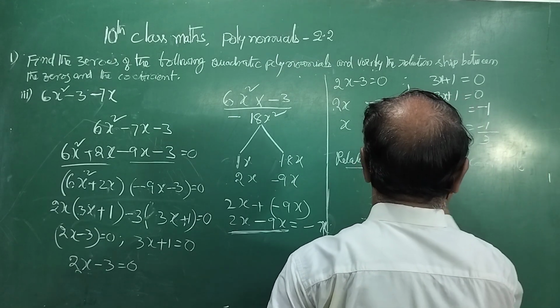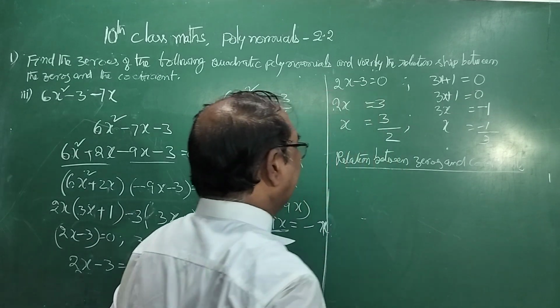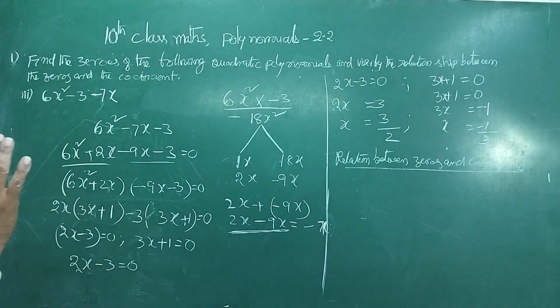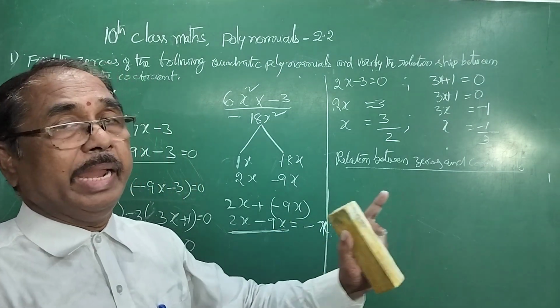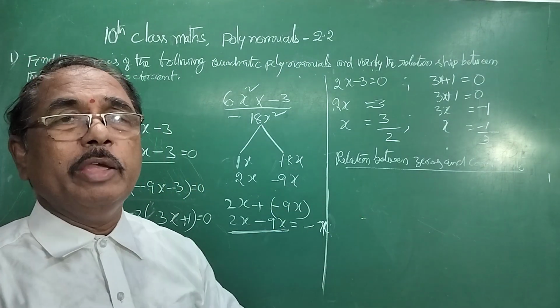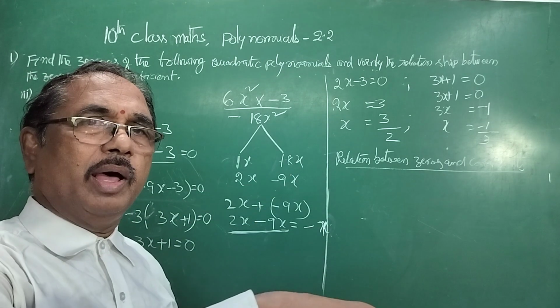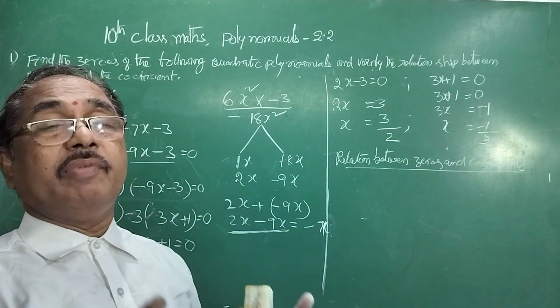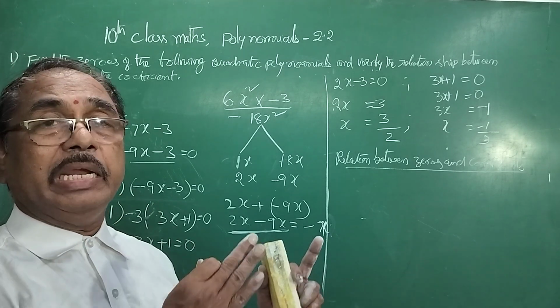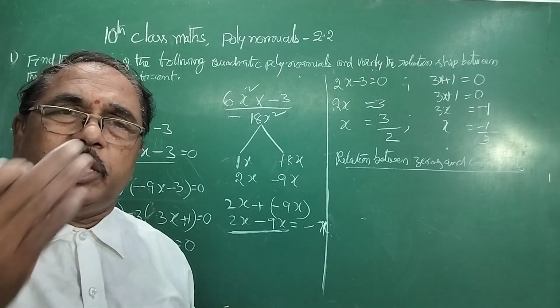He asked us to check the relation between zeros and coefficients. When we add the zeros and compare with the coefficients as per the formula given in the textbook, we have to check whether these two are equal or not.